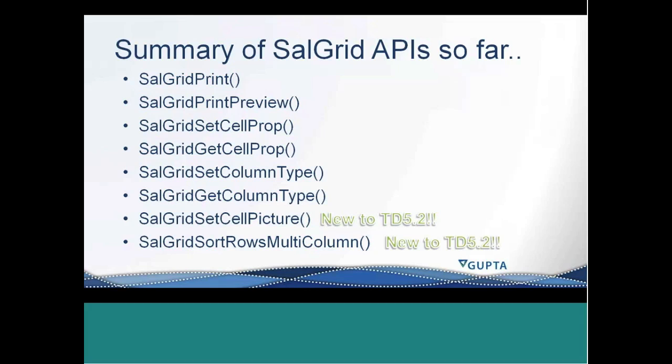Actually, in that sample that I showed before, you can do that as well. So the example can be seen in there. And SalGridSortRowsMultiColumn to sort the grid by more than one column at one time. So those 2 new functions came into Team Developer 5.2.